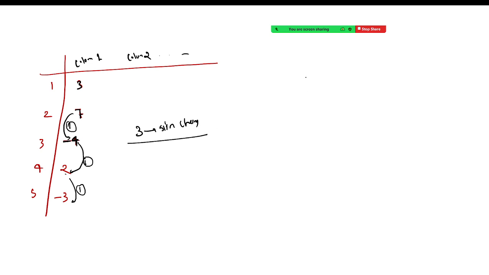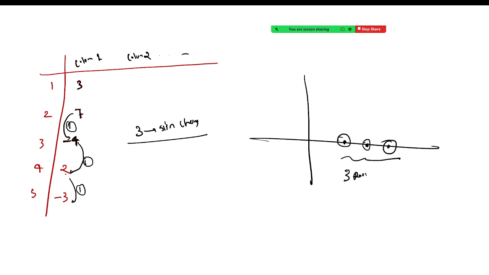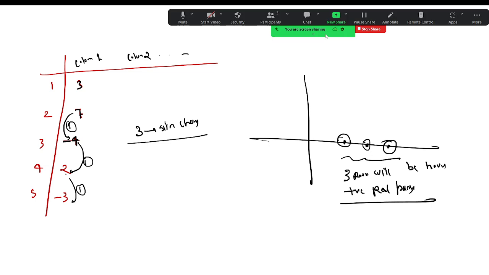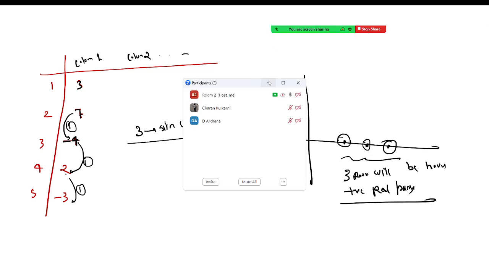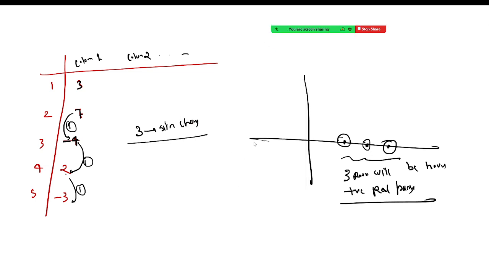If three sign changes are there, then there will be three roots having positive real parts. Are you getting it? Does anyone have any doubt? Archana, any doubt? That is very important to understand.